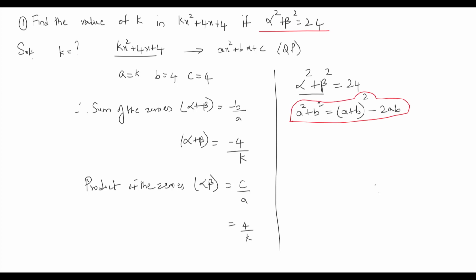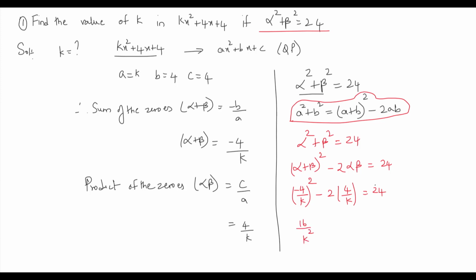Using the formula, I'll get alpha square plus beta square, which is equal to 24, as alpha plus beta whole square minus 2 alpha beta is equal to 24. Alpha plus beta is minus 4 by k, whole square, minus 2 into 4 by k, which is equal to 24. Minus 4 whole square is 16 by k square, minus 8 by k, which is equated to again 24.